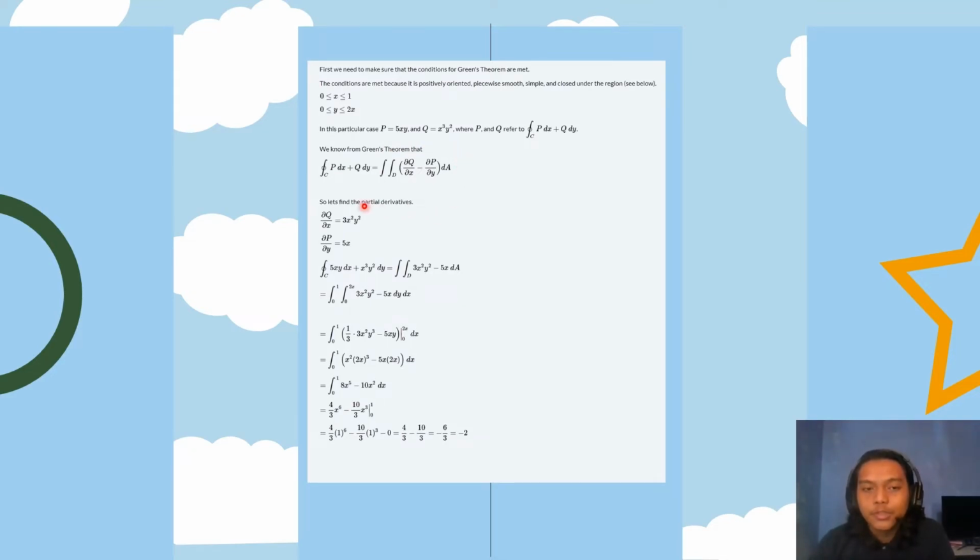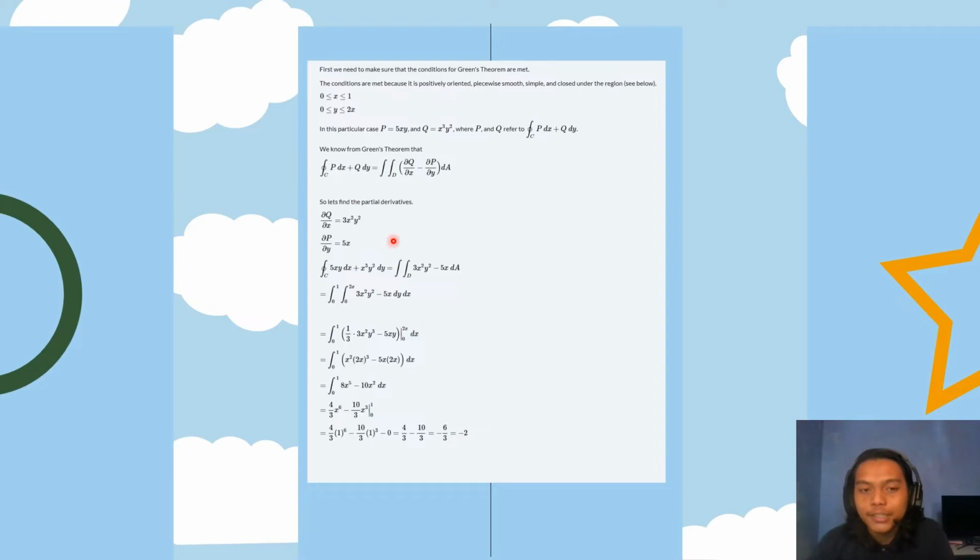Once we get P and Q, we need to find the partial derivatives of Q and P. For Q, it is only with respect to x, so we bring the 3 to the front and then minus 1 from the power. The y we let it be, so we get 3x squared times y squared. Same for P, we will get 5x.